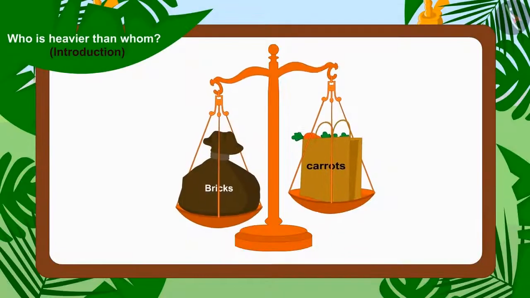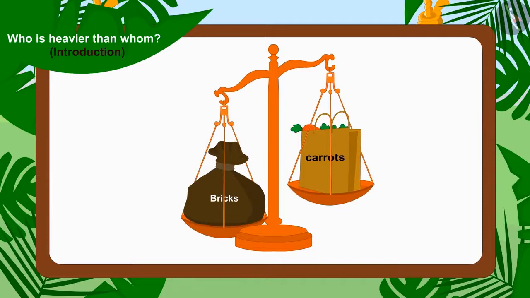Your answer is absolutely correct. This time, the scale tips towards the sack filled with Sher Khan's bricks. So, the sack with Sher Khan's bricks is a lot heavier than Bunny's bag filled with carrots.